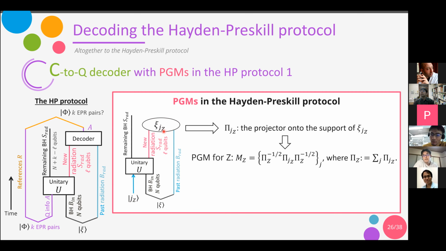And from this state, we construct a projector onto the support of that state. This is pi j. And by sandwiching this pi j with the summation, we can construct a pretty good measurement for Z classical information. Similarly, we can also construct a pretty good measurement for X if we replace this initial state with one of the basis states of Pauli X. So this is how we construct PGMs in this protocol.